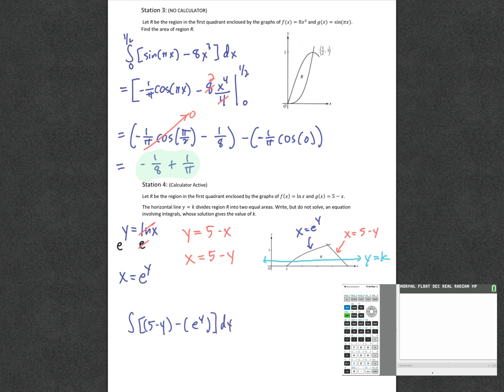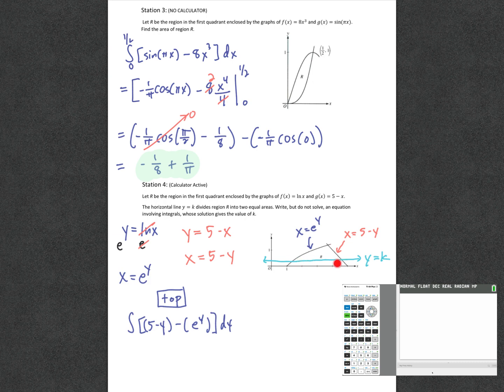The limits are going to be whatever this y value is to whatever this y value is. Looking at the general area, what's the smallest y value that bounds this area, and what's the biggest y value that bounds this area? That we'll have to find in the calculator. Actually, we know this y value is k, so we really just have to find this y value up here. We'll do that in the calculator in a second.